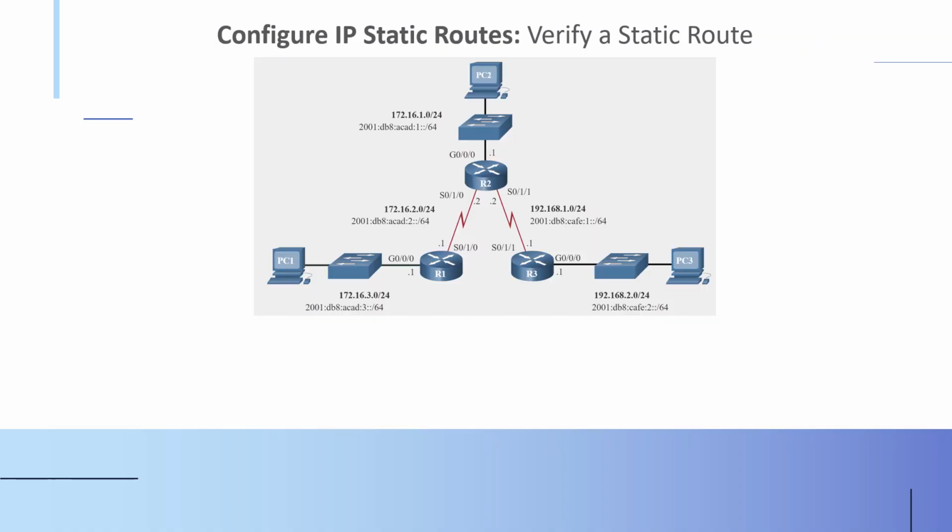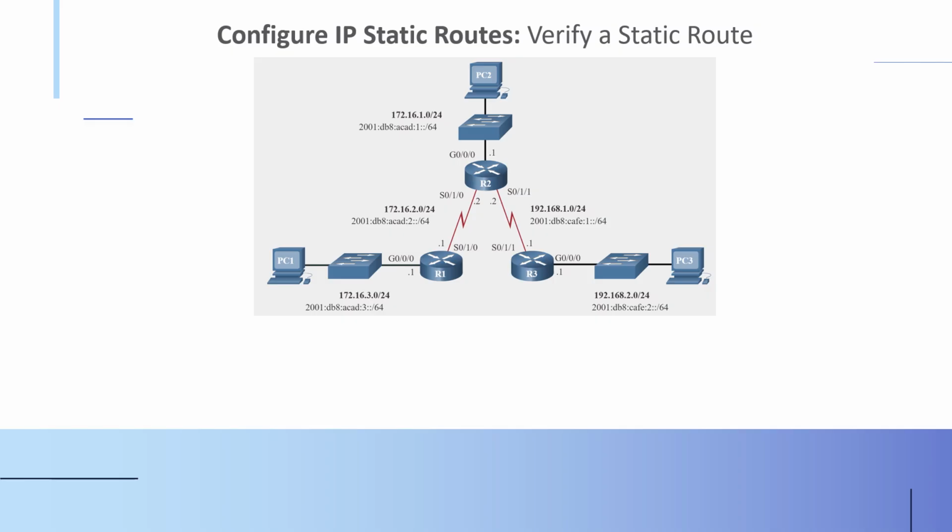Along with show ip route, show ipv6 route, and ping, there are useful commands to verify the static routes, including show ip route static, show ip route followed by the network, and show running-config | section ip route. And if we replace ip with ipv6, we are able to use these commands for the IPv6 network.